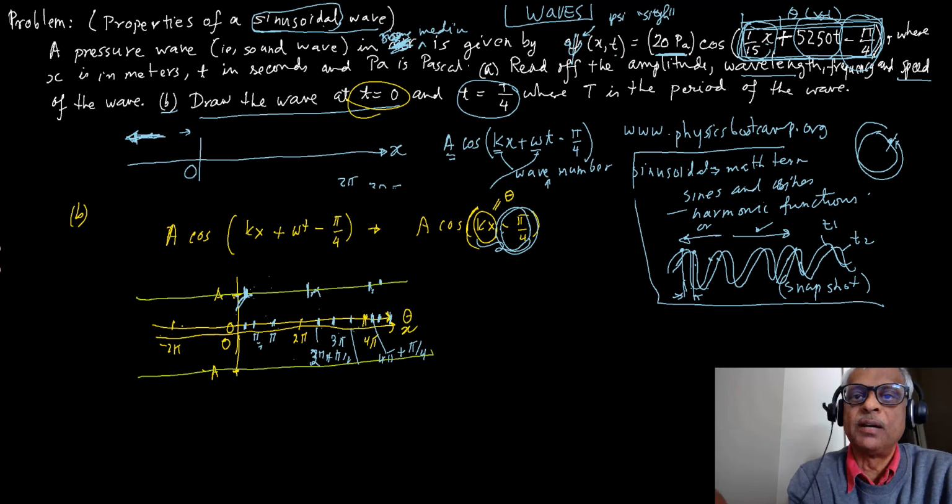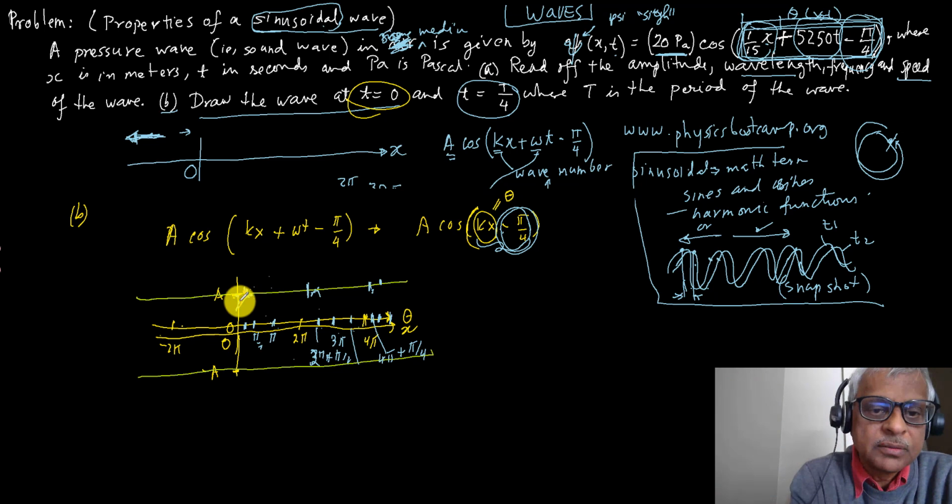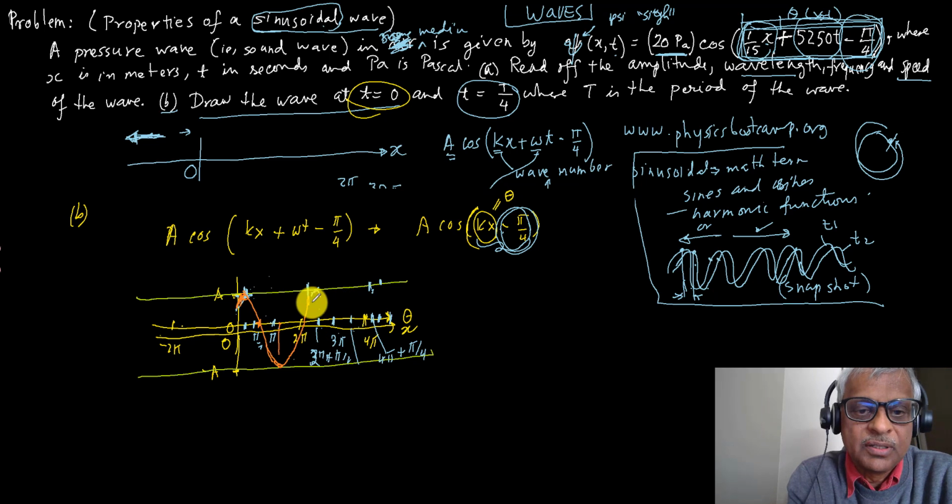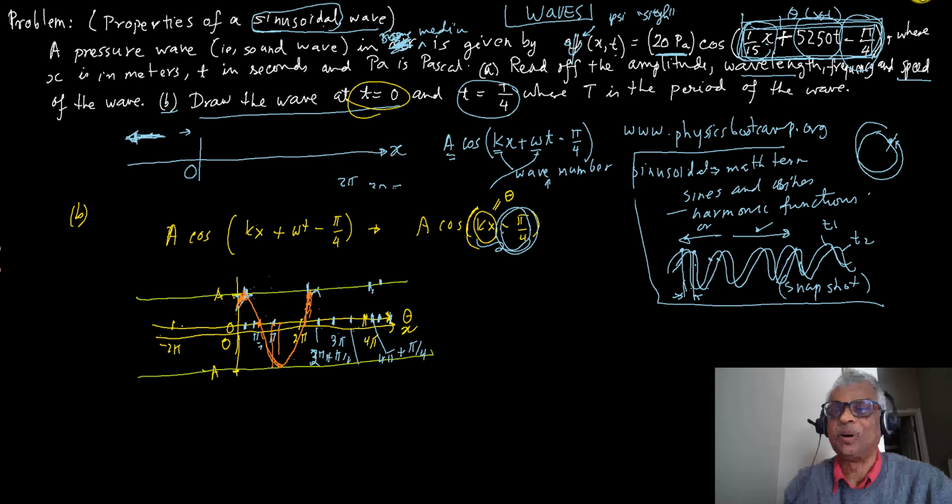Okay, let me plot this. 0 will be right here, and minus 1 will be down here. 0 will be a little bit to the right. Let me pause.